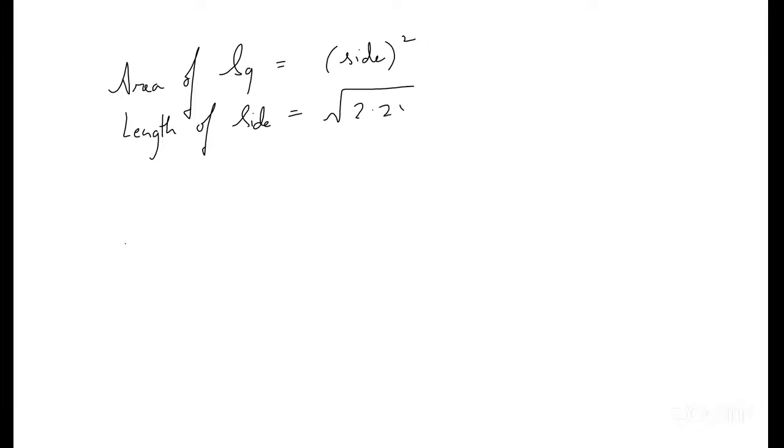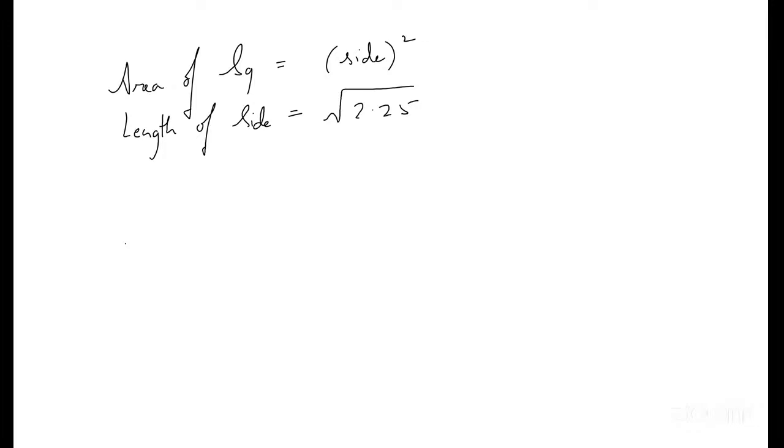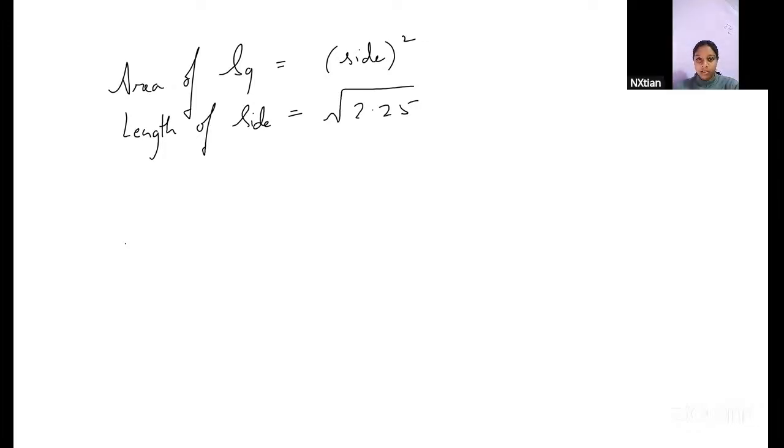If you are unable to directly find the root, first you can do the factorization by removing the decimal. Do the factorization of 225. Remove the decimal, and once you have the answer, you will get 15. When you do 225 only, and then you put the decimal point, your answer will be 1.5.